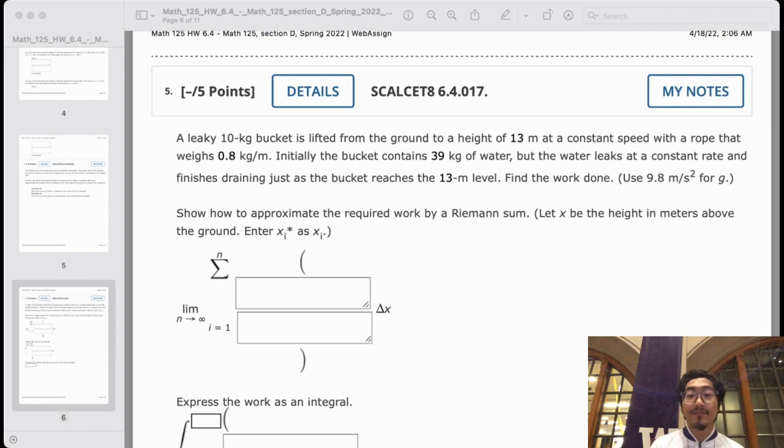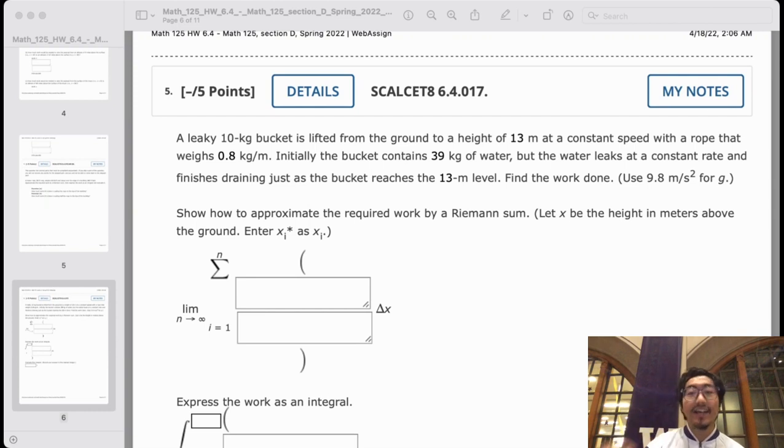And then the integral is going to be the integral of g. g is going to be positive 9.8 this time, because it's not falling down. It's not an acceleration. So be careful, it is positive. The work done cannot be negative.